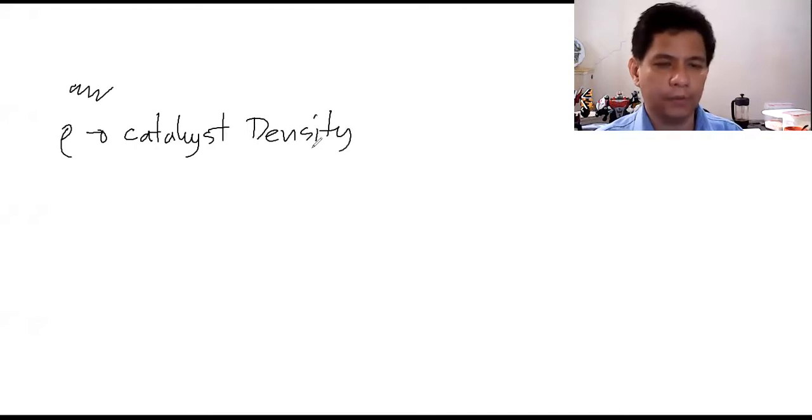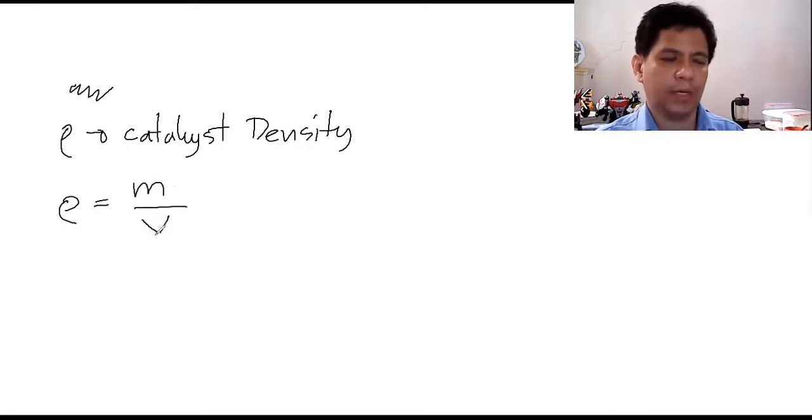This can also refer to the particle density, no? And then, syempre, this is equal just like any other density. This is defined as the mass of the catalyst divided by the volume of the catalyst. The usual definition. So the volume that this refers to contains no void. No void space for the reactant or product to go to.